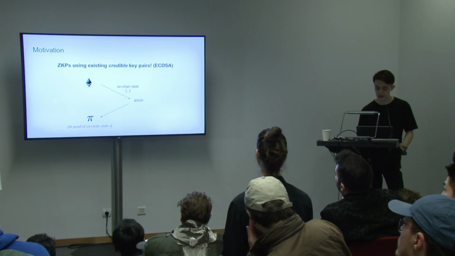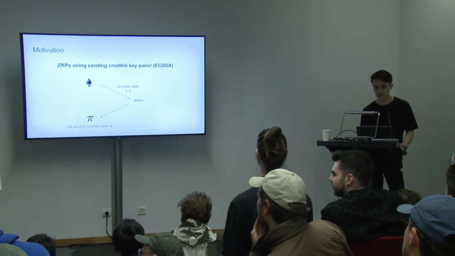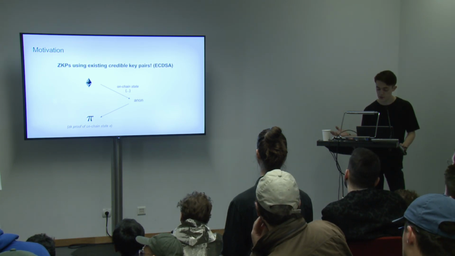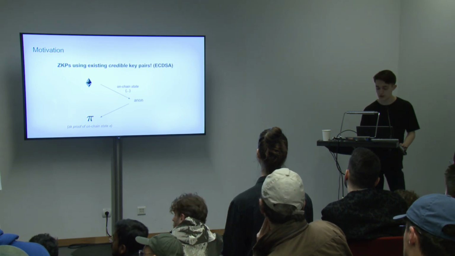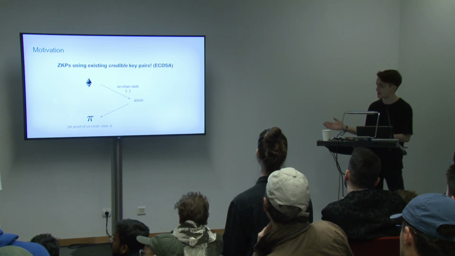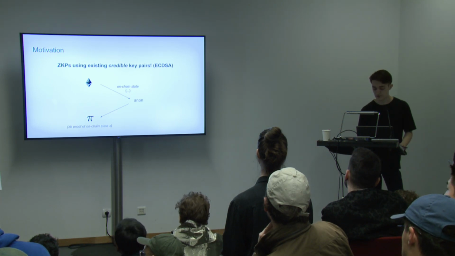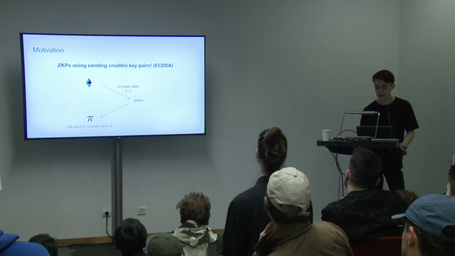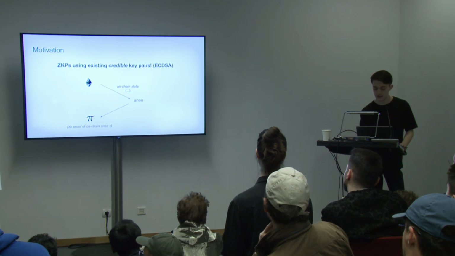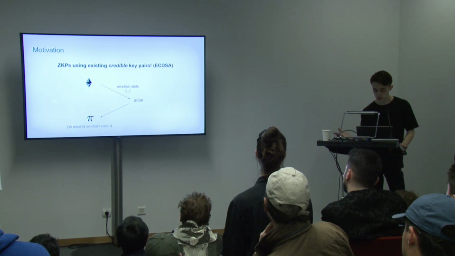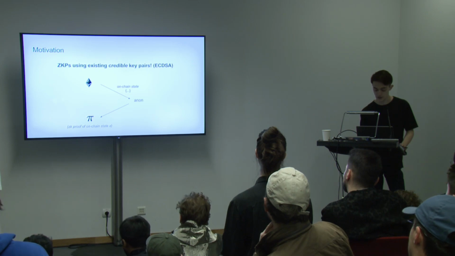Another is using keys that exist in crypto wallets, like ECDSA keypairs in Ethereum. The goal is to do this simple thing: a user makes a zero-knowledge proof that says something about the on-chain state. Most of the time, the proof consists of something like a membership proof, which obscures the identity of the user while preserving the credibility of that user.